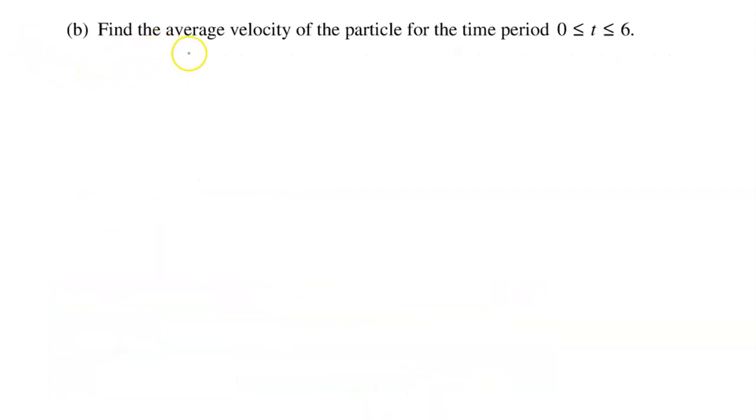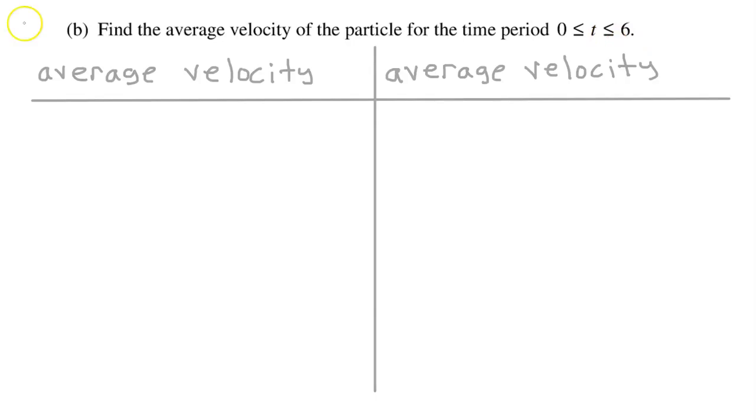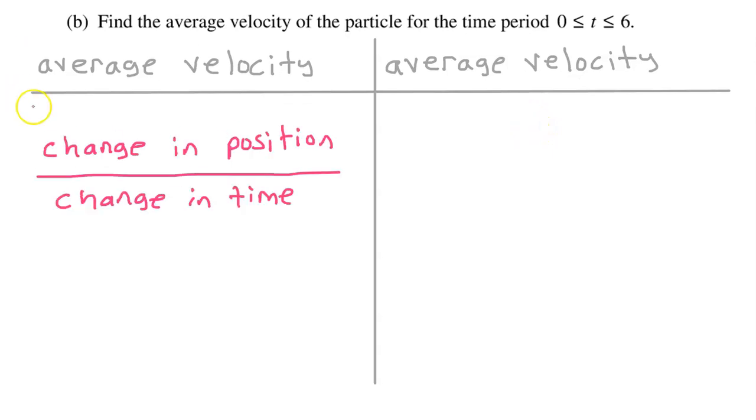Part B. Find the average velocity of the particle for the time period from 0 to 6. There are two ways to calculate average velocity. There's a method that we learned first semester, and then there's a method that we learn in second semester. We know that velocity is the change in position divided by the change in time.